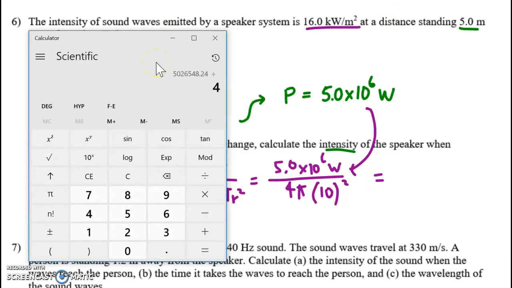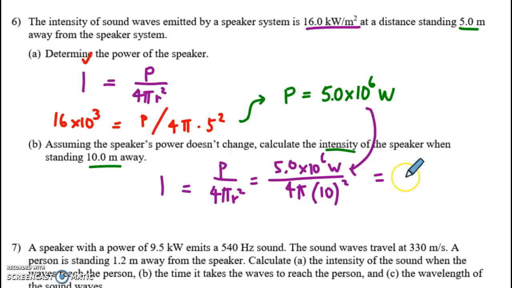I divide by 4, divide by 3.14159265. Use your pi button instead. Divided by 100, 10 squared. Look at that, 4,000. That's exactly what we expected. Another way to say this is 4.0 kilowatts.